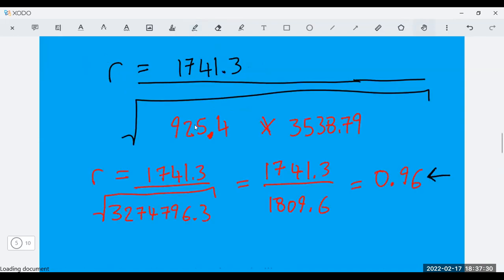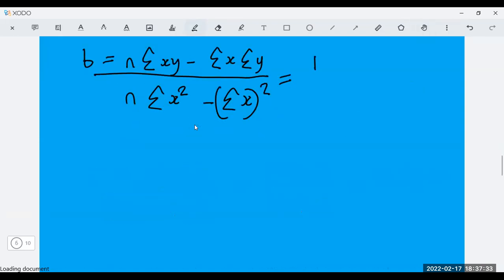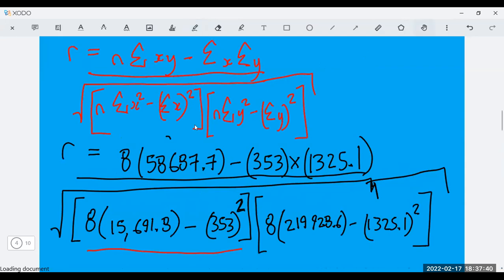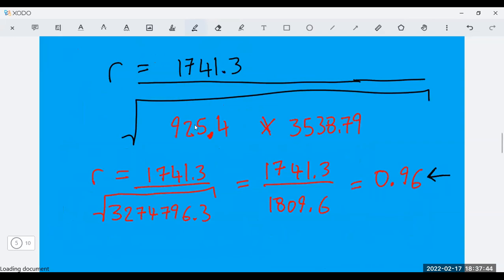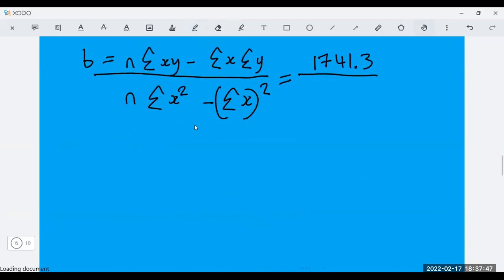The numerator was from around here, the same numerator, 1741.3 divided by, now we had worked out that part in this bracket here. And this bracket had worked out to be 925.4. So in this case, it's just 925.4. So we do that, 1741.3 divided by 925.4, and we get 1.88 for B.